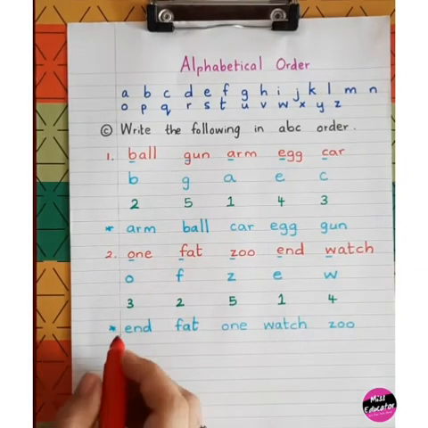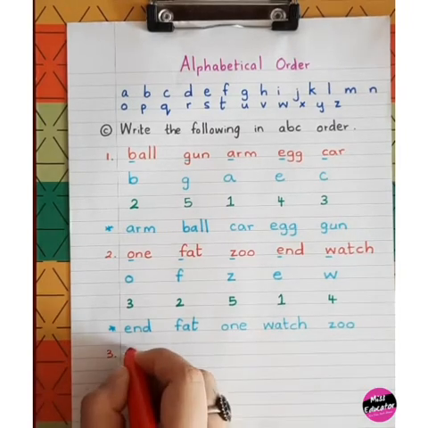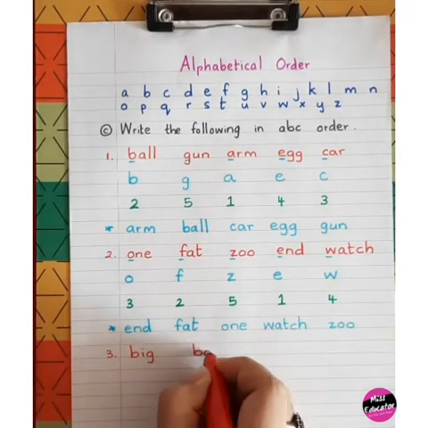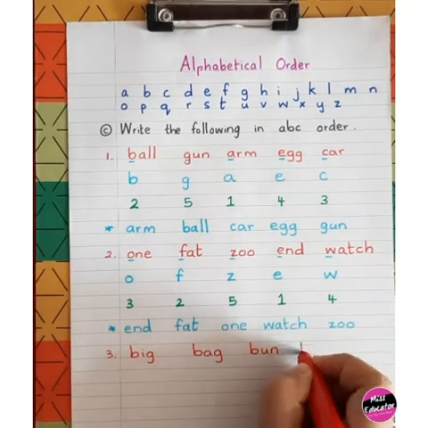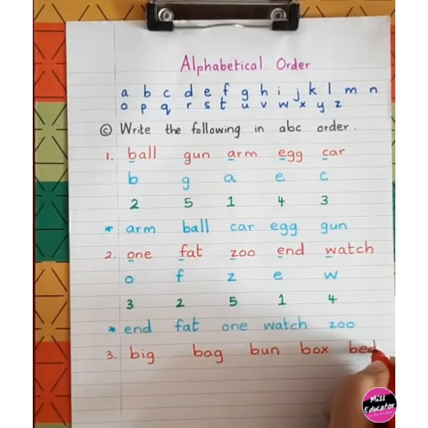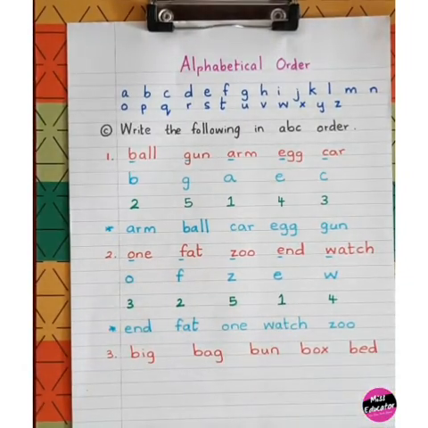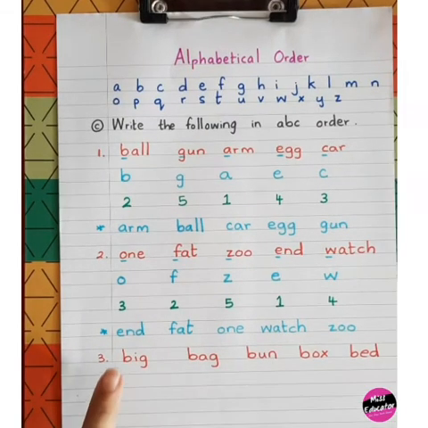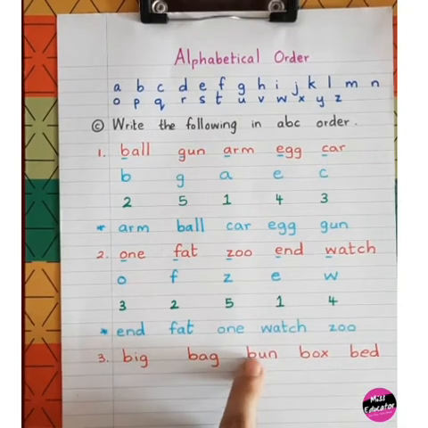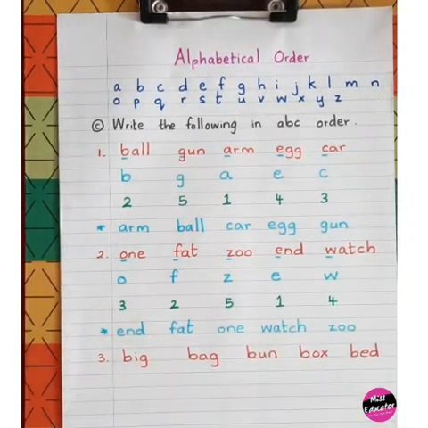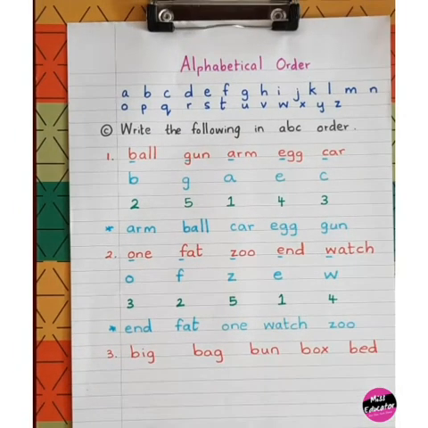Now let us look at another type of question. So we have the words big, bag, bun, box and bed. We need to look at the first letter of each word. So we have B, B, B, B and B. Oh no! What do we do now?